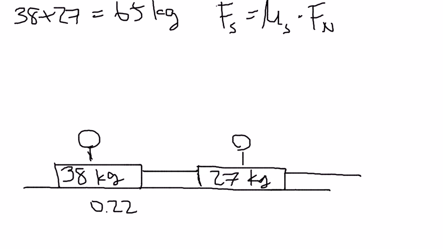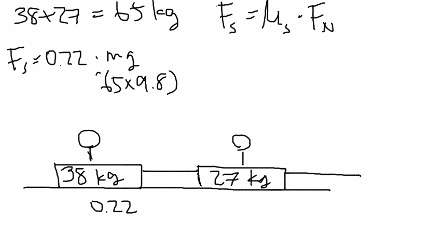Fs equals 0.22 times the normal force, which equals mg, based on Newton's third law, which states that if object A exerts a force on object B, object B will exert an equal and opposite force back on object A. So the normal force equals mg in this case, which is 65 times 9.8.